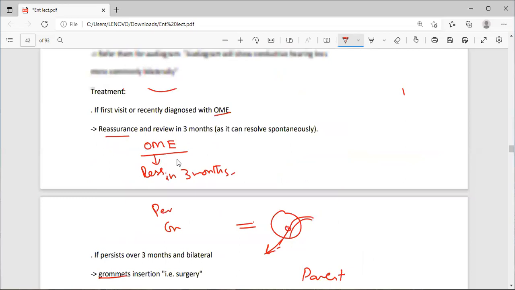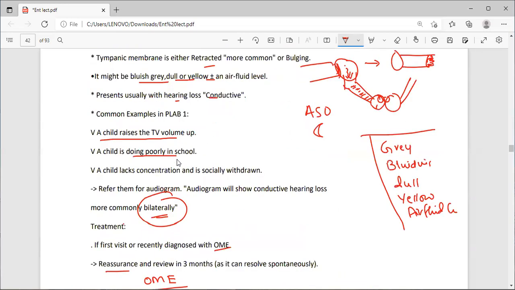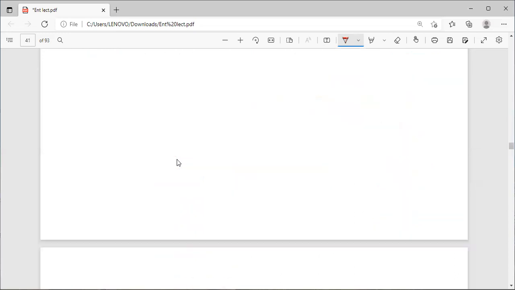Many questions come, so that's why I'm repeating again. And what would be the clinical features? They will tell you that a patient has come and his tympanic membrane is gray, bluish, dull, or yellow, and there might or may not be an air fluid level in the tympanic membrane, which I showed here.